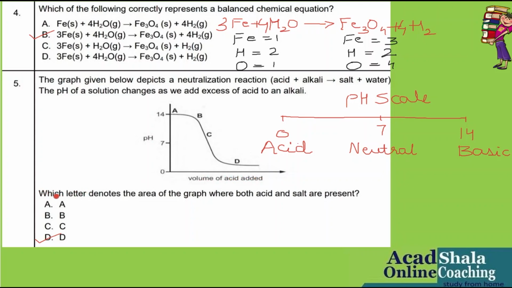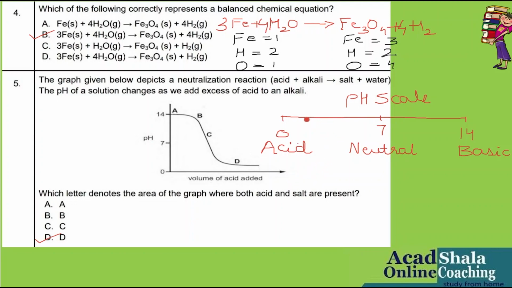Now they are asking which letter denotes the area of the graph where both acid and salt are present. A, B, C, D options are given. Okay. Now my first point will be, that means it is based on pH.